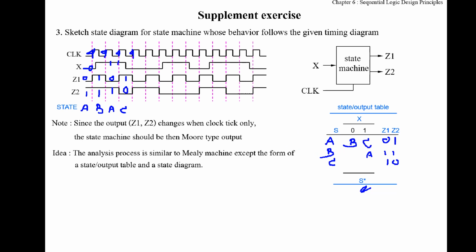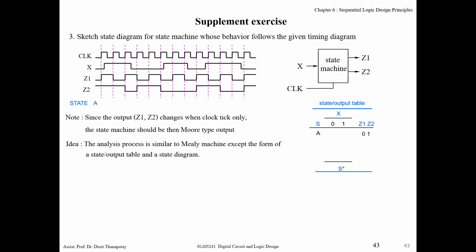Clock tick here, output is 0 1. 0 1 is A, right? It can be A. So you can fill this: X is 0, C goes to A. Let me refresh this one.